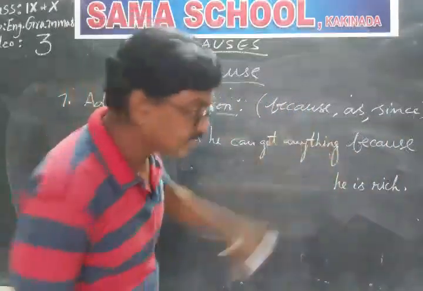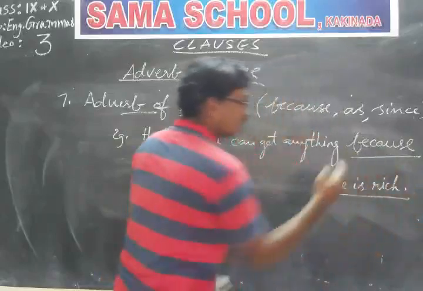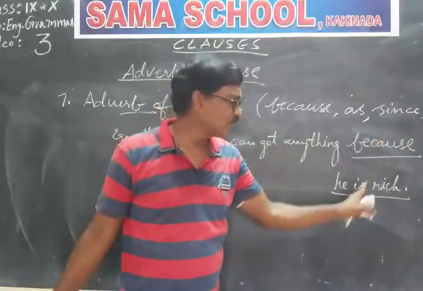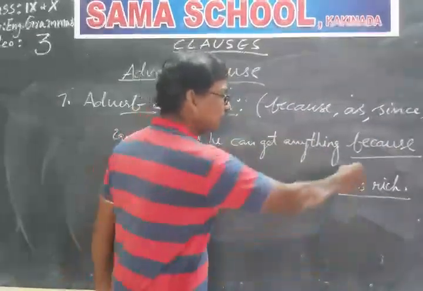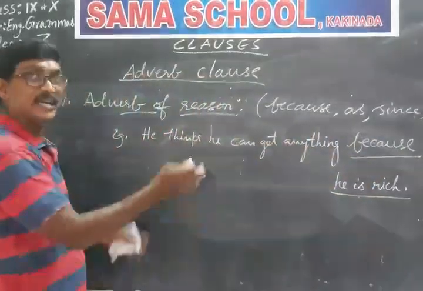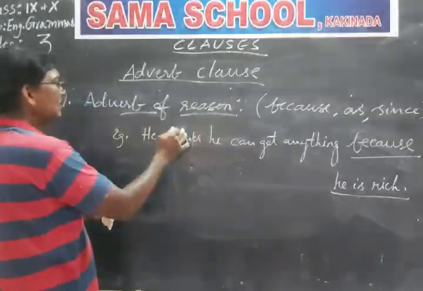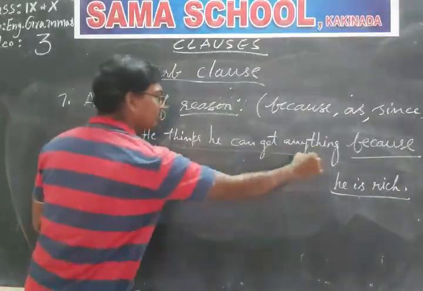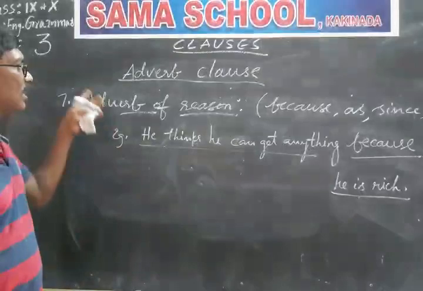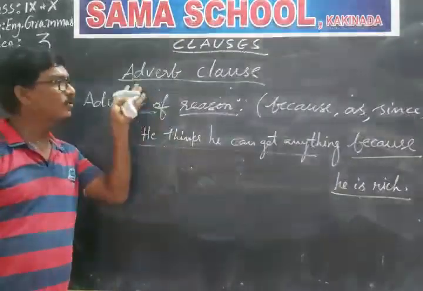Because he is rich. ఇది conjunction. Okay, conjunction తో ఉంది కాబట్టి ఇది clause. So this clause is showing a reason for what? The reason is showing for the main idea of the sentence. So it is called an adverb of reason, adverb clause of reason.